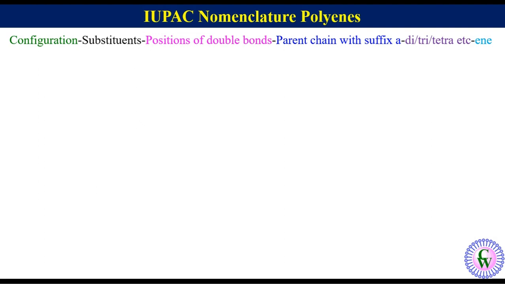Here the parent chain is the carbon chain with the maximum possible number of unsaturated carbon atoms. Let's go through examples for more understanding.